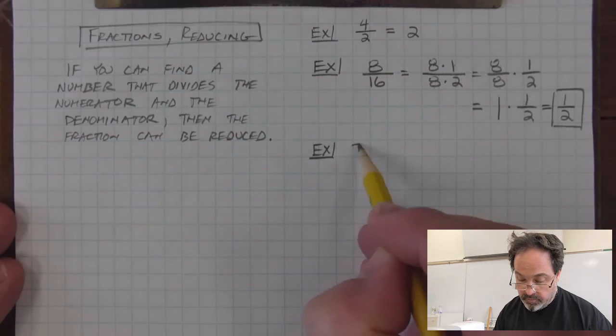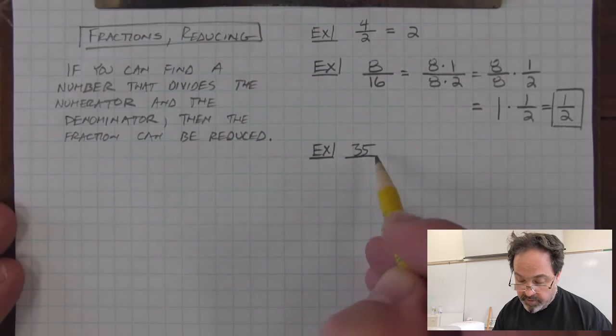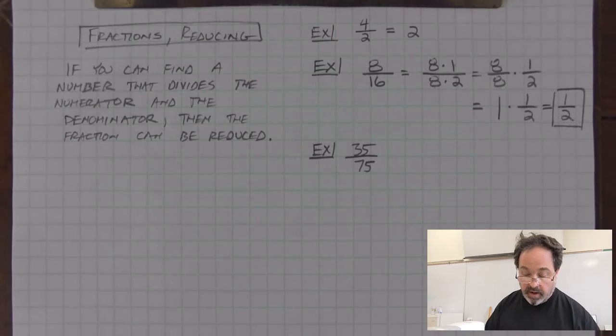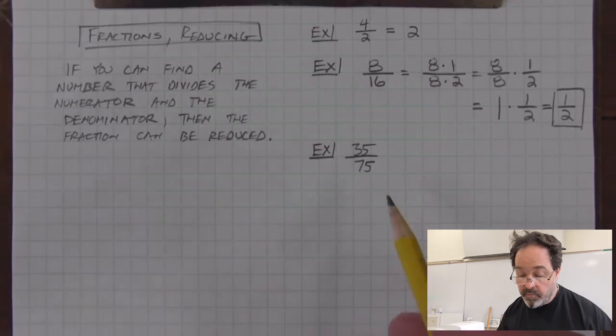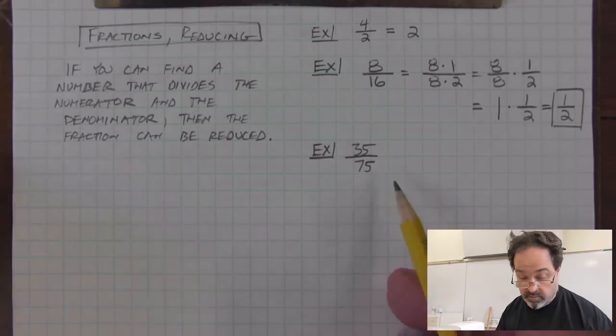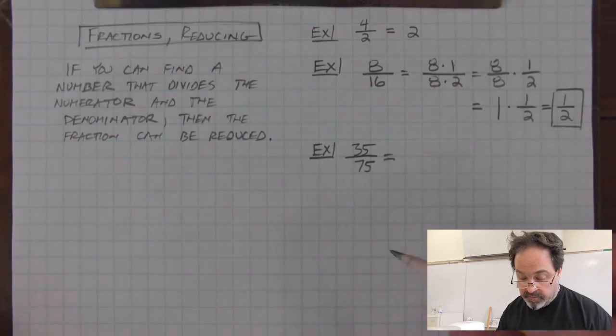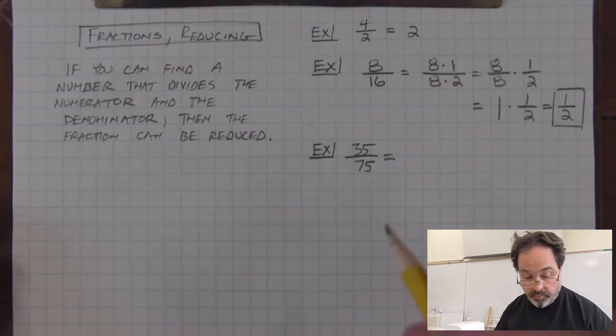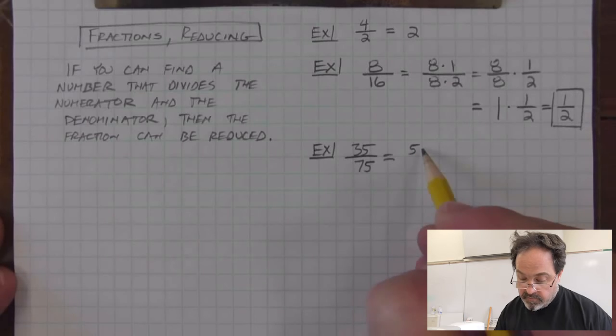For example, if I start with the fraction 35 over 75 and I want to reduce it, I'm looking for a number that divides both the numerator 35 and the denominator 75. With a little bit of investigation, and a calculator can help, I can discover that 5 divides 35.